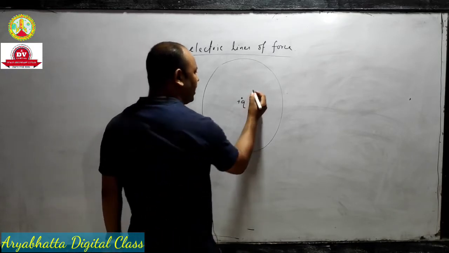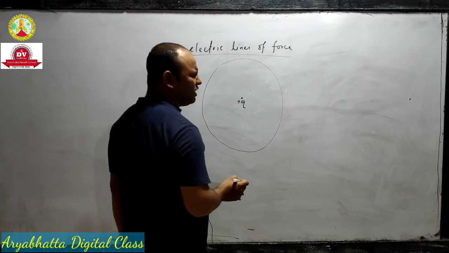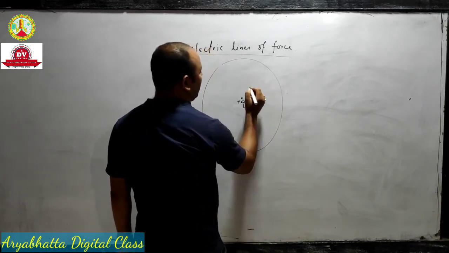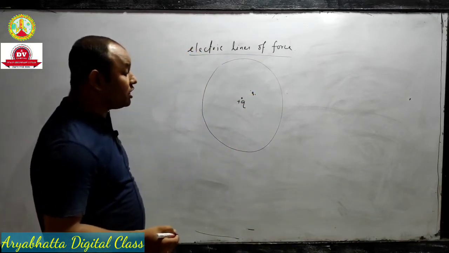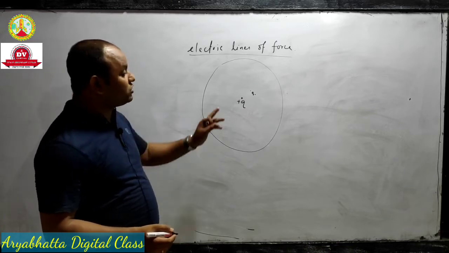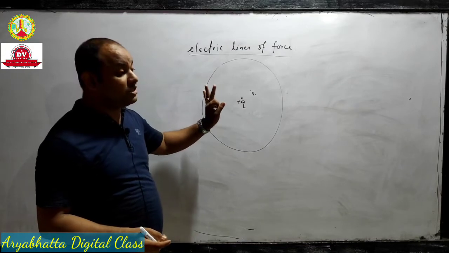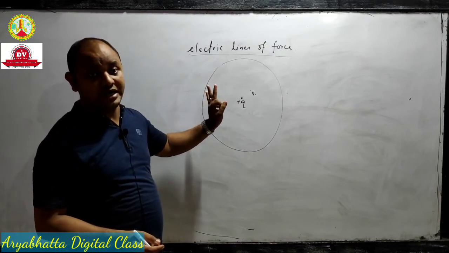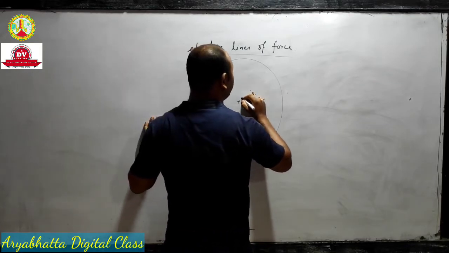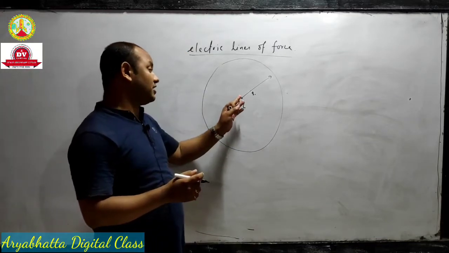If we take a test charge Q naught of very small magnitude at this point, and it is free to move in that electric field, the positive charge Q will repel the test charge in this direction.